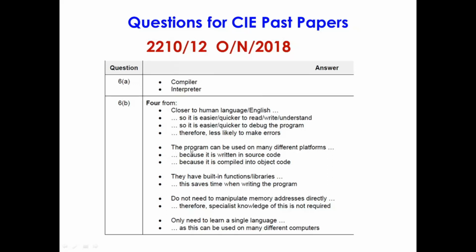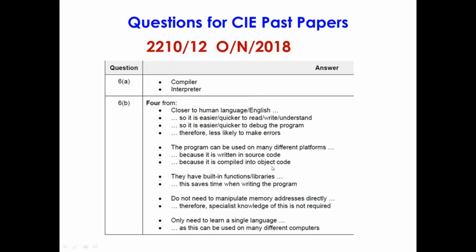This is one. The other one is the program can be used on many different platforms. It means you can write the program on one computer and you can use it on many computers, because it's written in the source code and it's compiled into an object code.